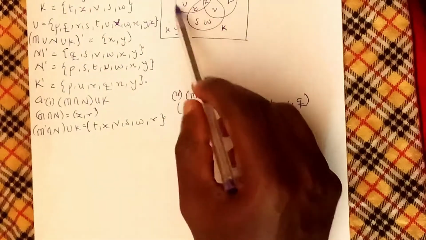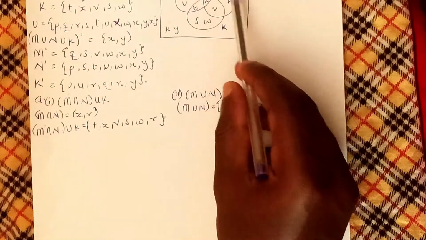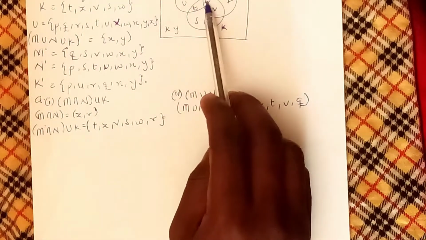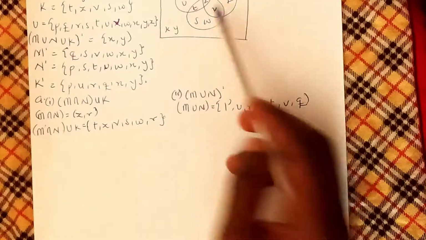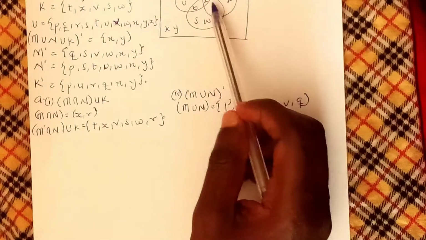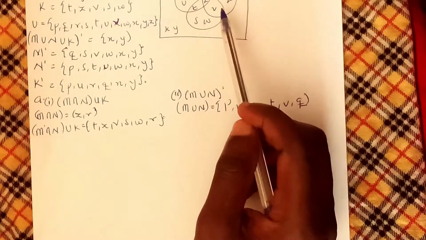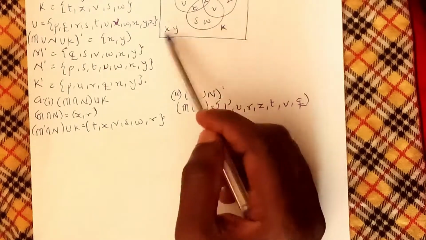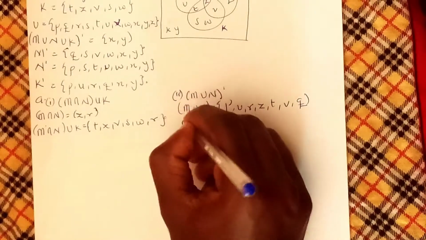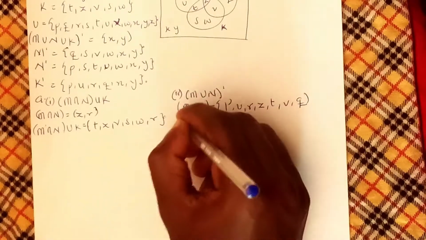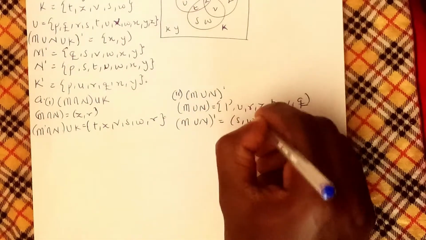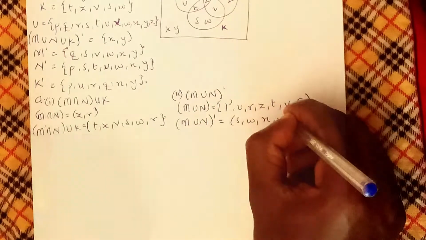This is M union N. Therefore, we have P, U, T, Z, R, Q, and V. Now we have to find the prime. The prime are the members that are outside that of those two. So we have X, Y, S, and W. So we have M union N prime equals S, W, X, and Y.